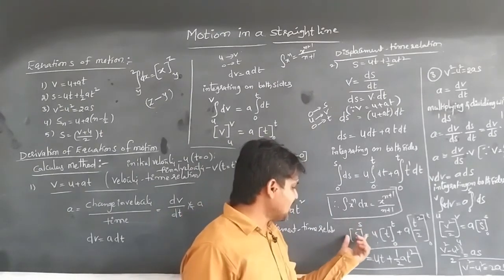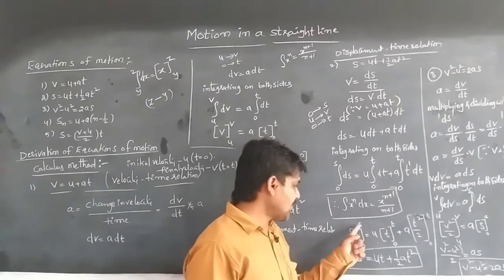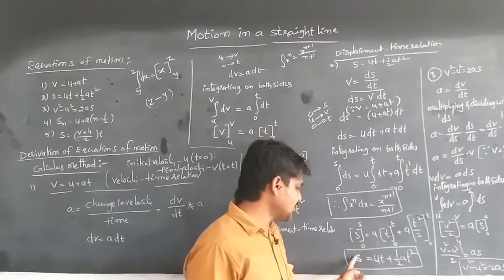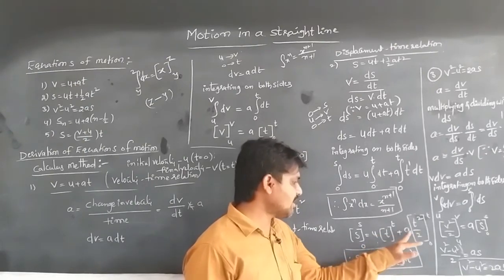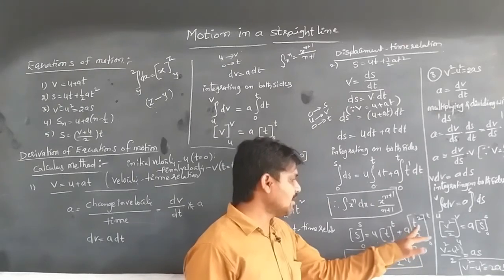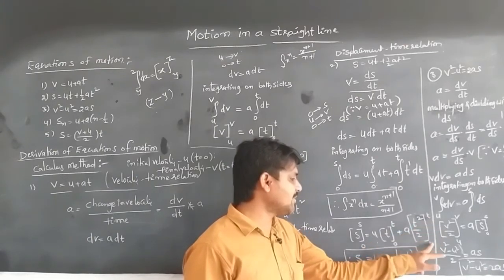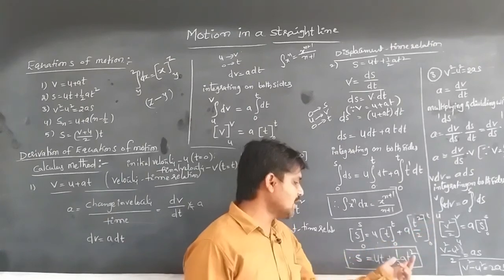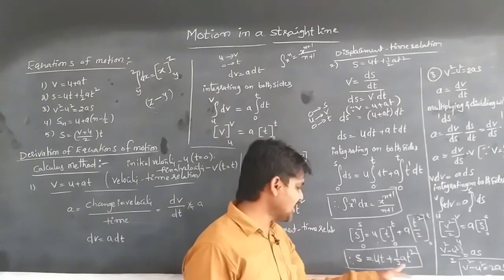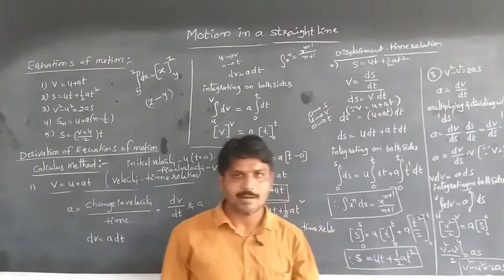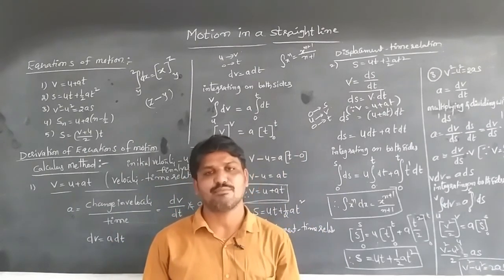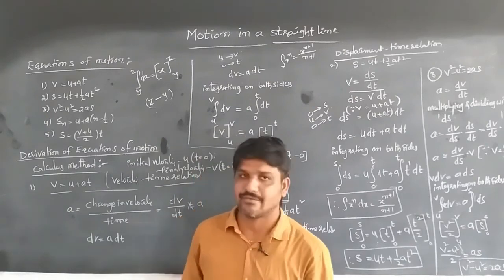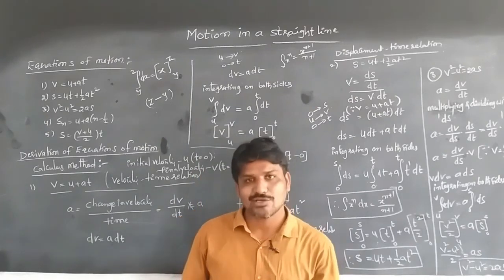By applying the limits, s minus 0 is equal to u into t minus 0, that is ut, plus half a, taken outside, into t square, upper limit t and lower limit 0, t square minus 0 square, that is t square. So s is equal to ut plus half at square, the kinematical equation of motion. These three relations are the kinematical equations of motion as derived by using the calculus method.